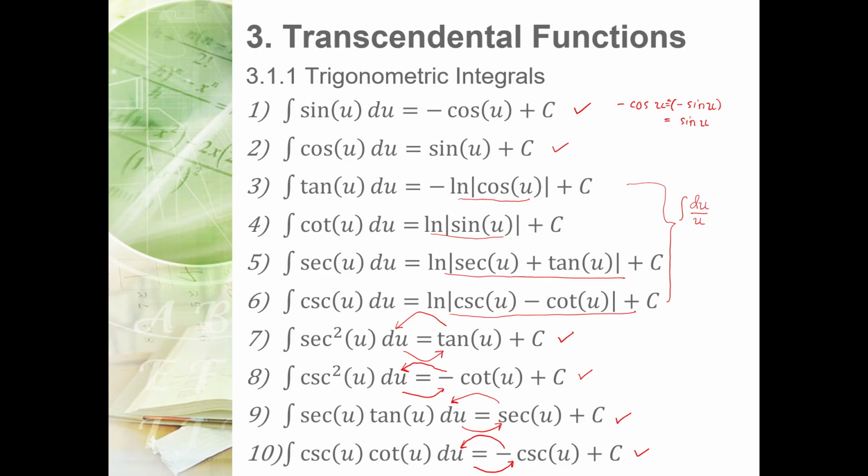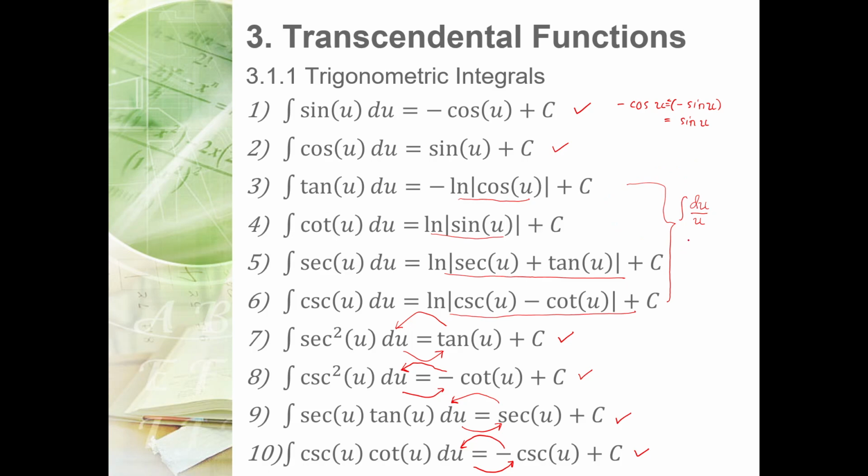Let's say you forgot the formula for tangent, cotangent, secant u, and cosecant u. You may solve it by transforming your given integrand into its corresponding du over u format. So you need to use the u sub technique.